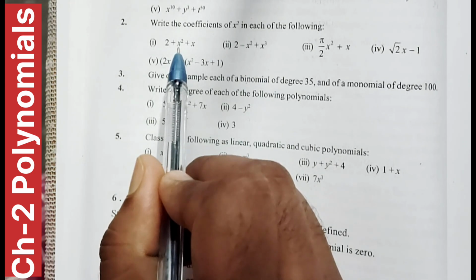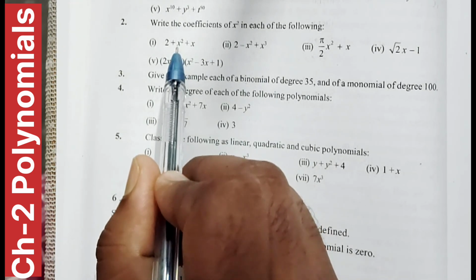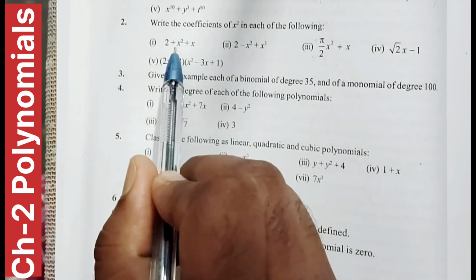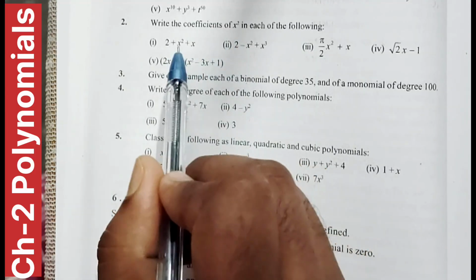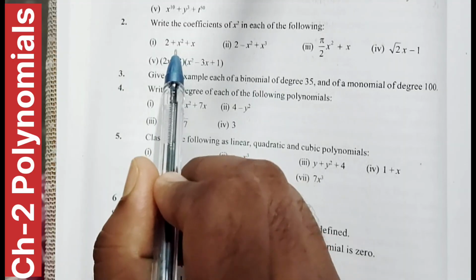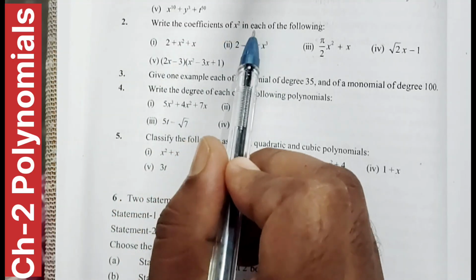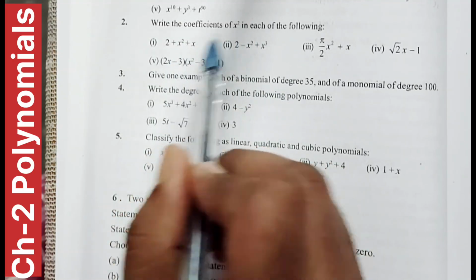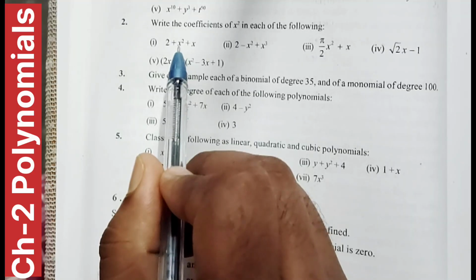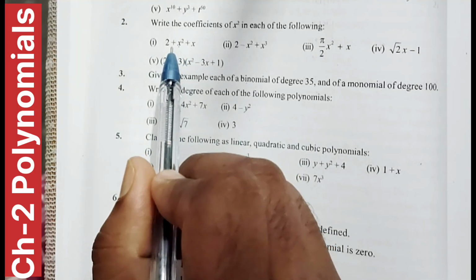Where is x square? In the middle term. Is any number multiplied with x square? No, nothing. It means always 1. Therefore the coefficient of x square is 1.